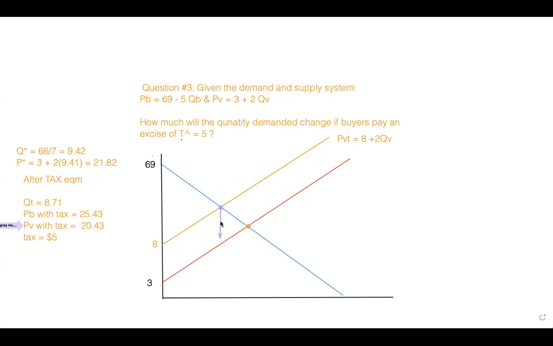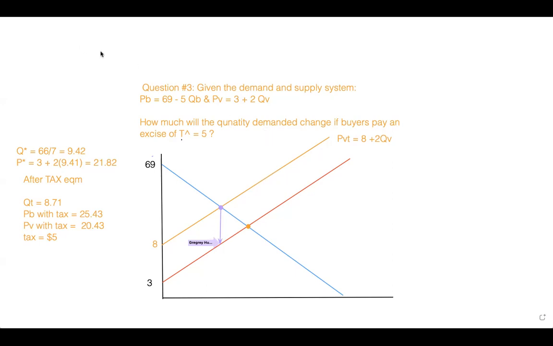It's the exact same distance, but I want to put it here because that shows me how I go from this after-tax equilibrium to the seller's after-tax price, what they actually receive. And this sort of diagram puts the distance between them, which is the amount of the tax, in the diagram there, right?